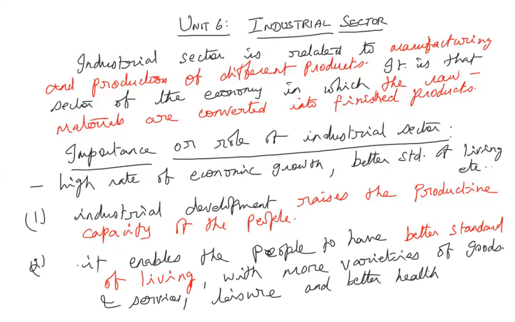So all these are associated with the industrial sector. And another major advantage of the industrial sector is that it is more dependable than the agricultural sector, because the industrial sector does not depend on the monsoon for its production, isn't it?